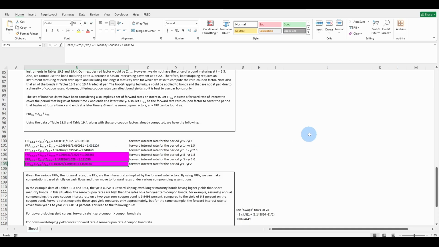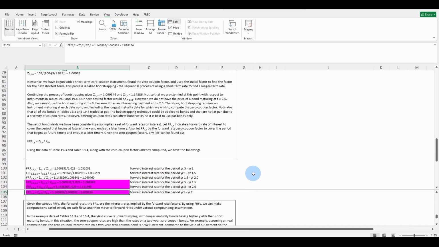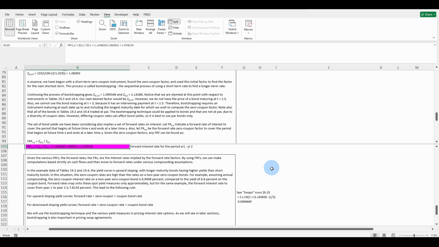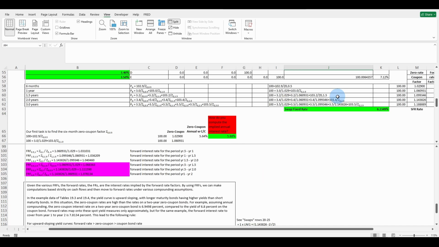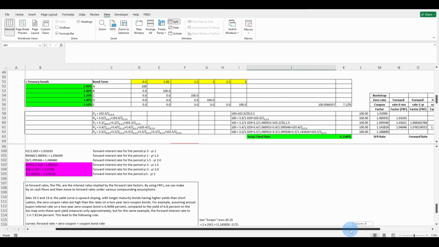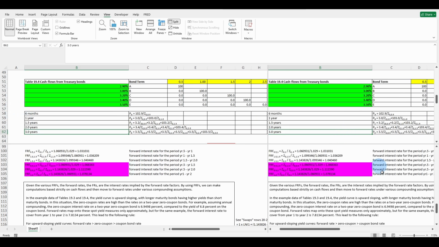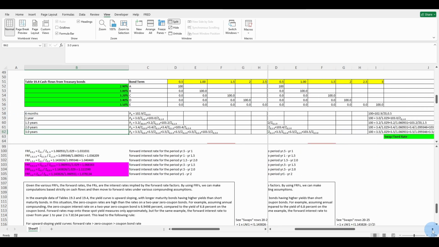Now look at the numbers here. I may need to split this screen. View, split, and then I'm going to bring this here just so we can try to match this information. We know this 1.301. Got this 1.301 as computed right here.